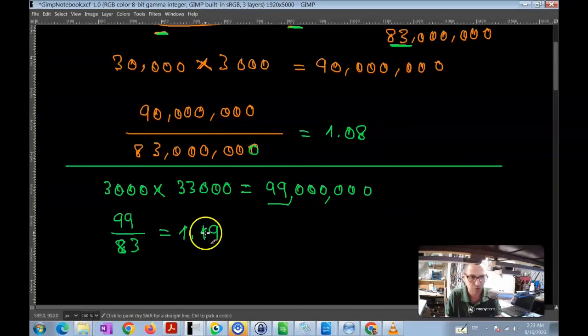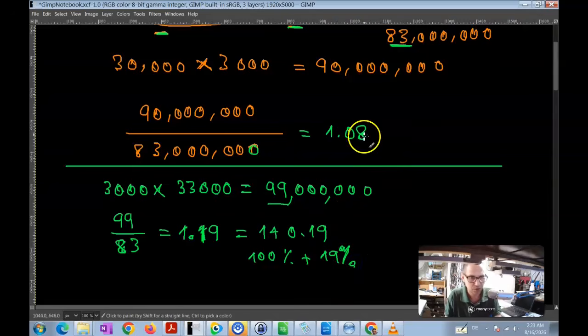1.19, which means that 1.19 is the same thing as 1 plus 0.19, which is 100% plus 19%, and you see that over here the difference was actually 8%, and when I rounded the number to a smaller place value in this number, the difference between the two numbers got even larger, meaning that from 8% I got to 19%, right?